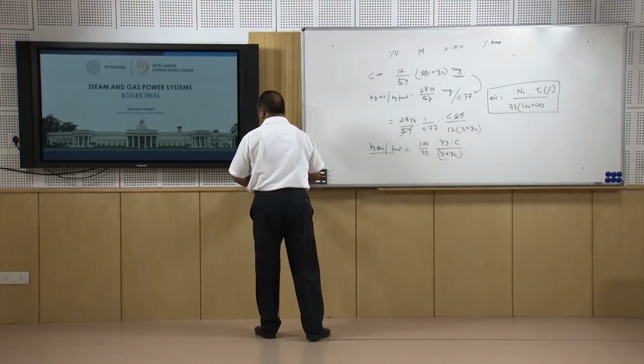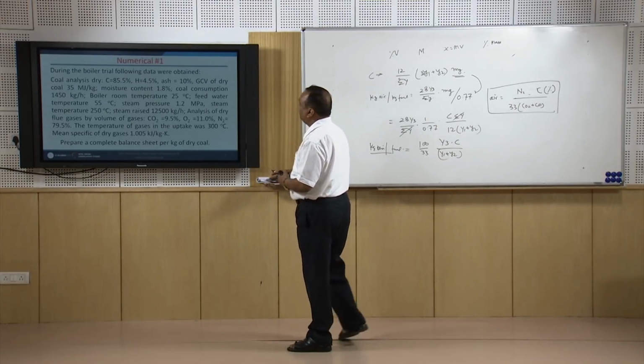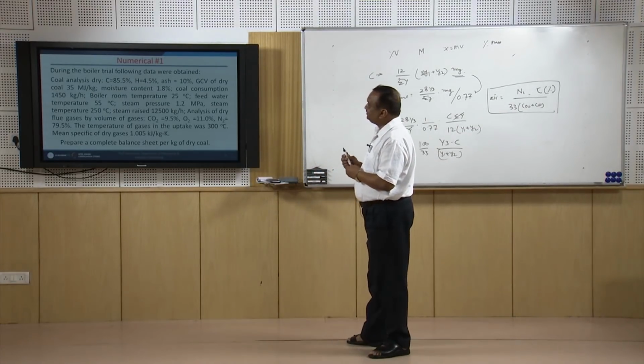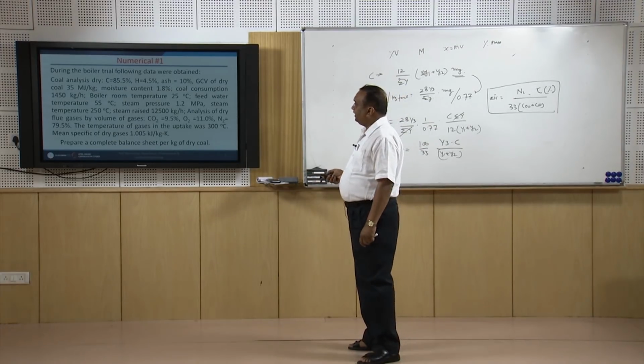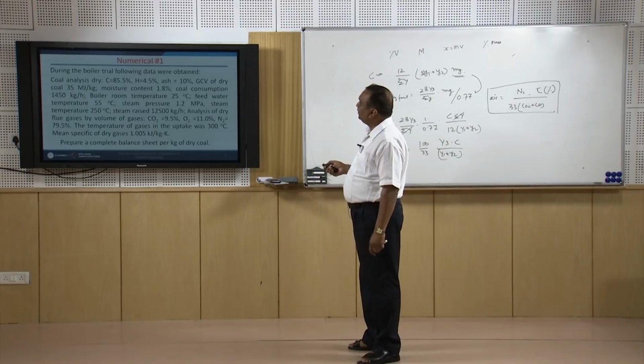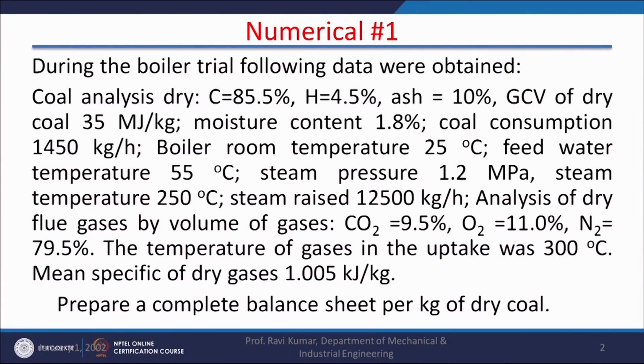So we will take one numerical to understand this. This numerical states: during the boiler trial the following data were obtained. Coal analysis was done: carbon 85.5%, hydrogen 4.5%, ash 10%, gross calorific value of dry coal 35 megajoules per kg.